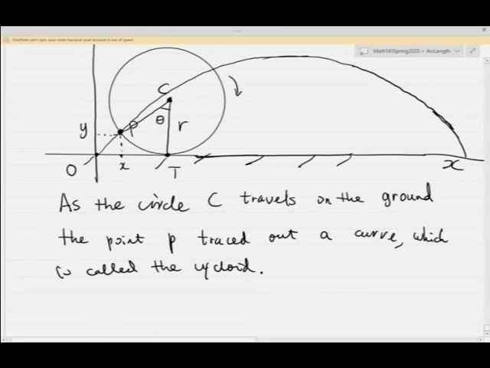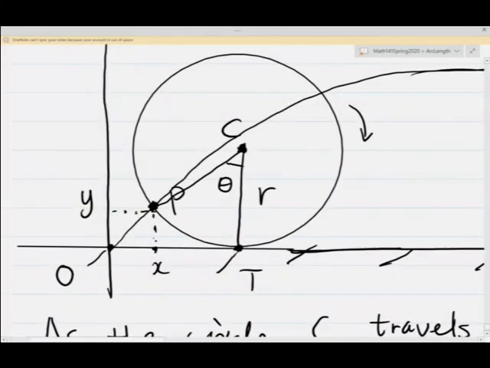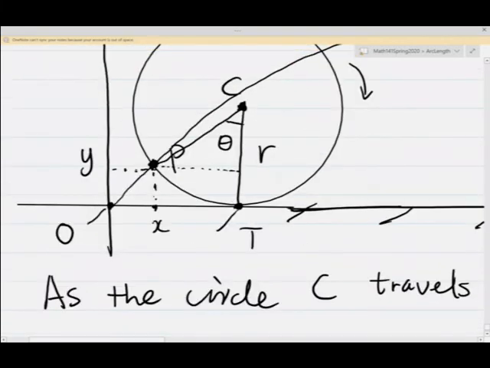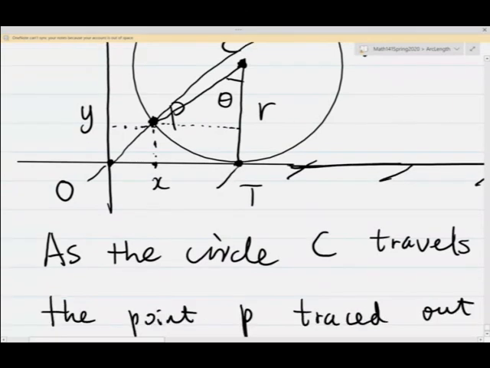From the geometry of this figure, the y coordinate of this point is given by the radius R and the angle theta. Theta is the central angle. So we can solve for y.